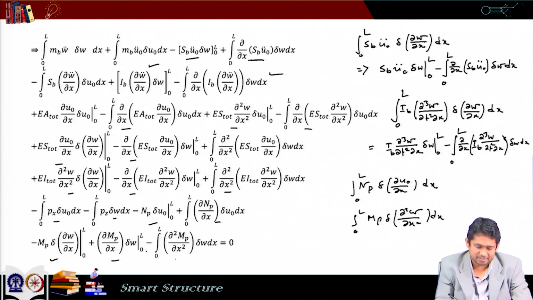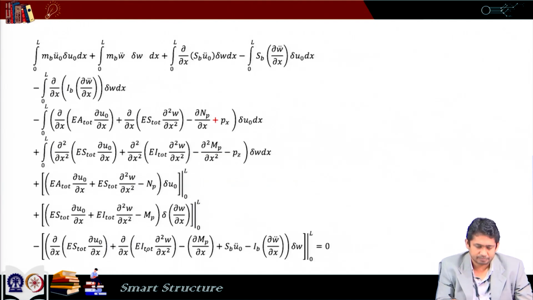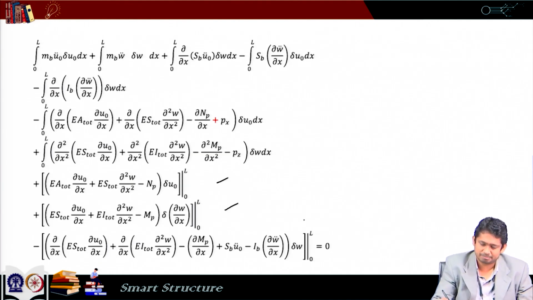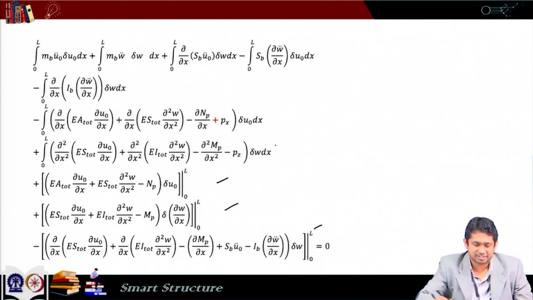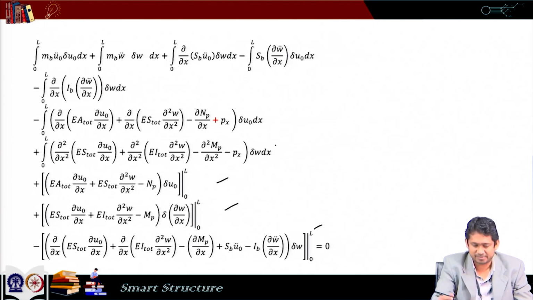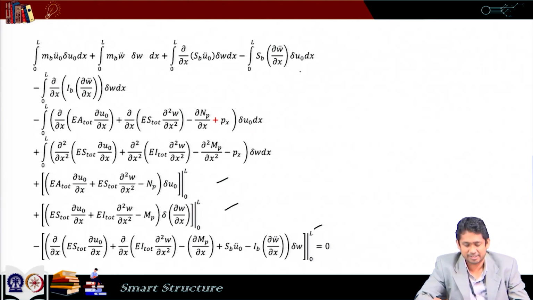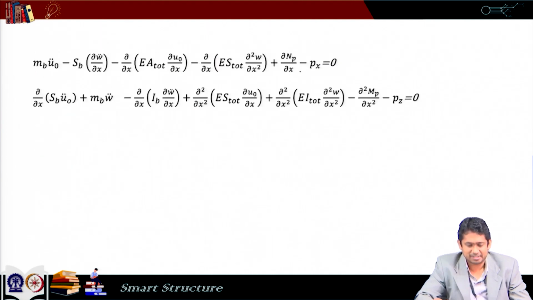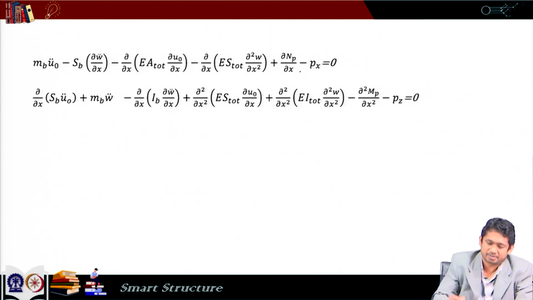So, after doing all these things, here we have separated the boundary terms and here they are the integral terms, and again these variations are arbitrary. All these del u0 and del w variations and variation of del w by del x are all arbitrary, and that tells me that the integral has to be 0 and the integrand has to be 0. So, after making the integrand 0, we get these two equations.